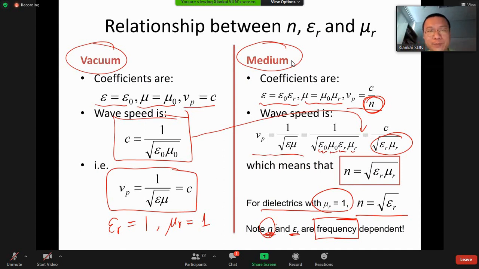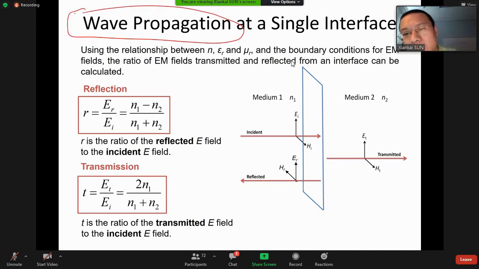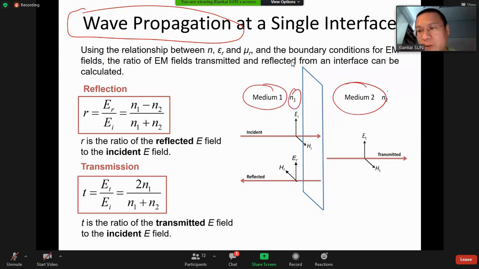Okay. All right. Next, we're going to talk about the properties of wave propagation once it transmits from one medium to another medium. For example, you have medium 1 and medium 2. Medium 1 has refractive index of n1, medium 2 has refractive index of n2.